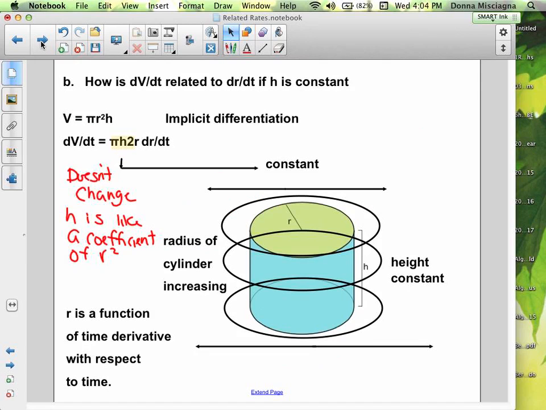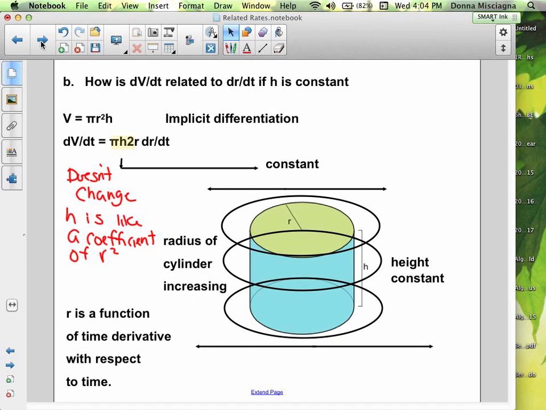All right, so now let's look at the second scenario. Now the height isn't growing any taller, it's just getting wider and wider because the radius is increasing. So how is dV/dt related to dr/dt if h is a constant? When I take the derivative of volume, it will be dV/dt, but the pi and the h are just constants.